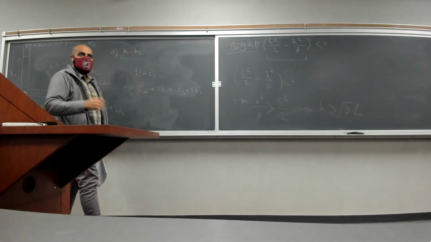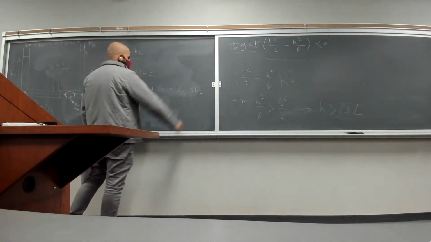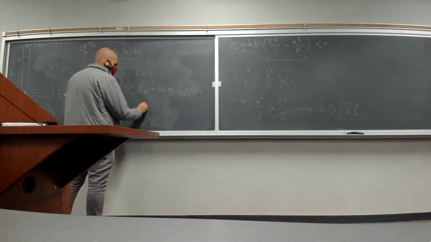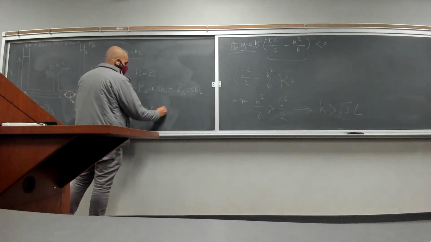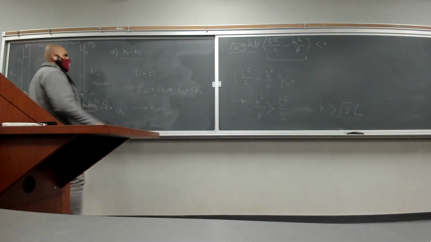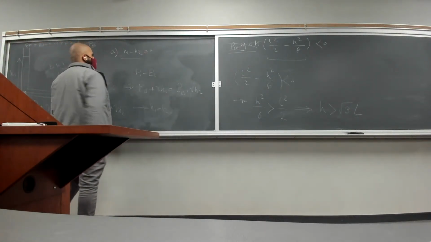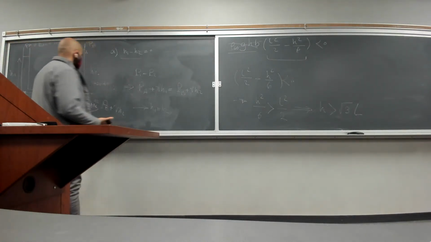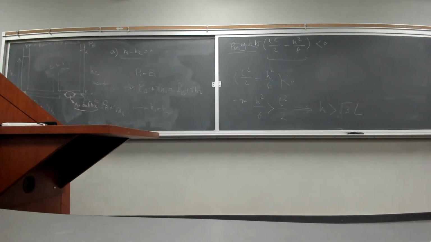Gamma of water is going to stay the same. And this is going to tell us that H1 is equal to H2. So H1 minus H2 for part A is 0. Okay. Is this clear? Okay.